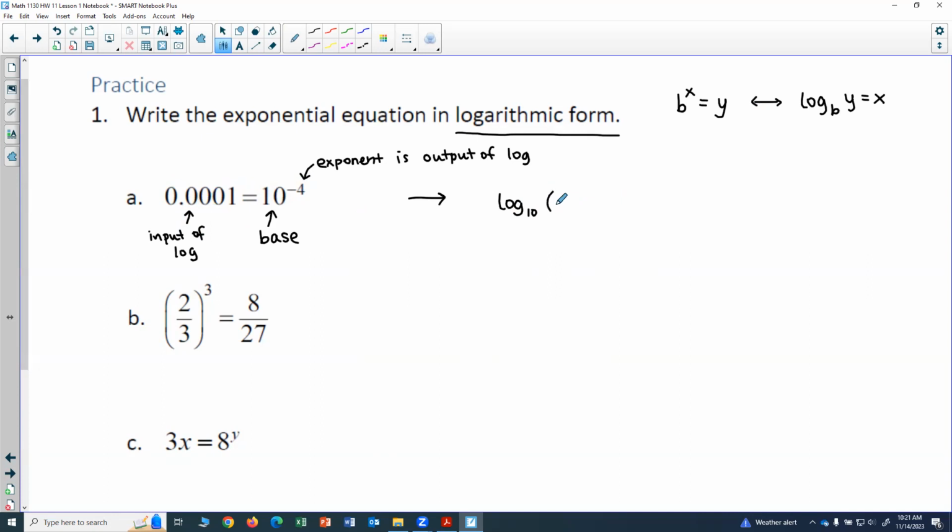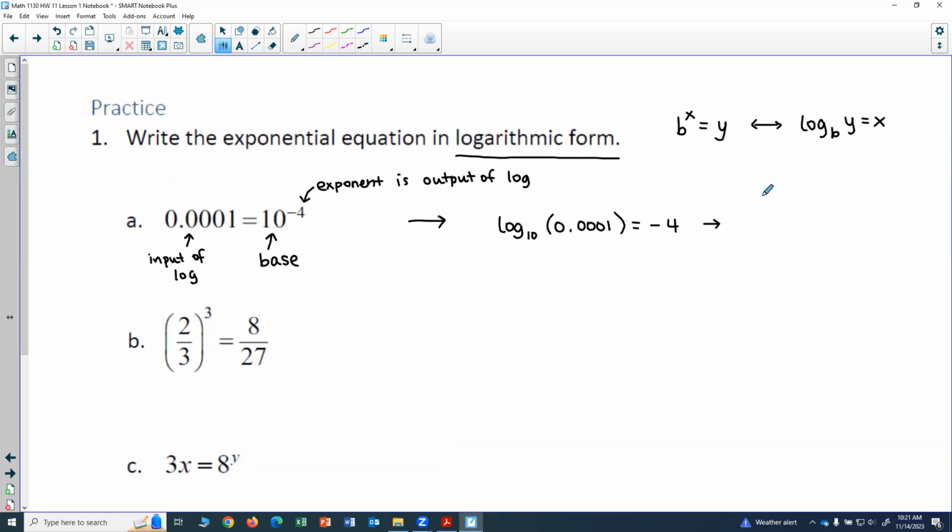So log base 10 of 0.0001 equals the exponent of -4. Now remember from the last slide, log base 10, that's the common log, and we usually just write it without a base. And so we would actually write this as log of 0.0001 equals -4. That would be my final answer of the log form of that exponential equation.